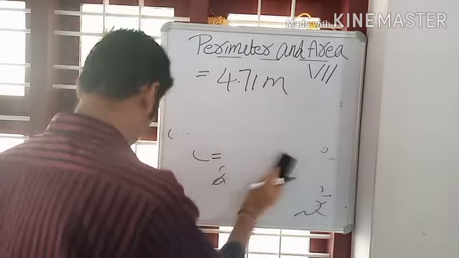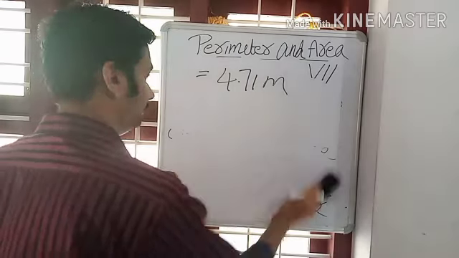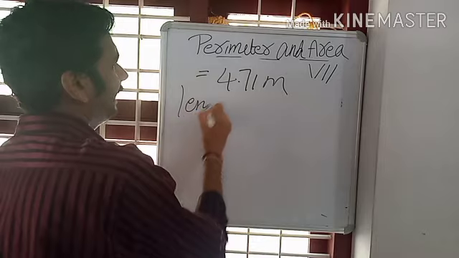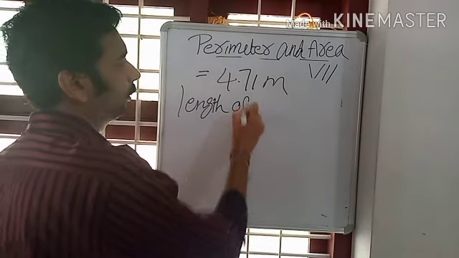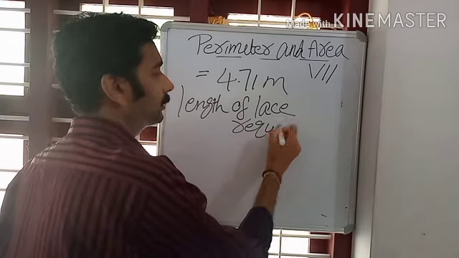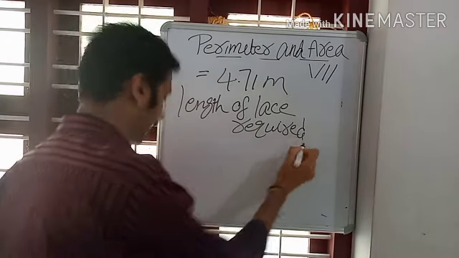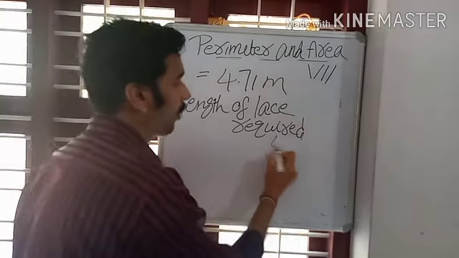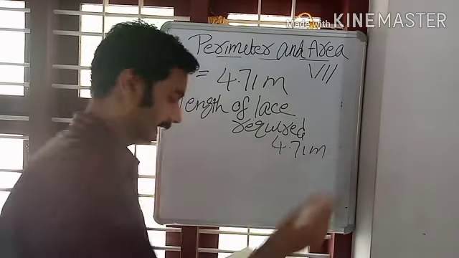Now we find the cost at rupees 15 per meter. The length of lace required is 4.71 meter.